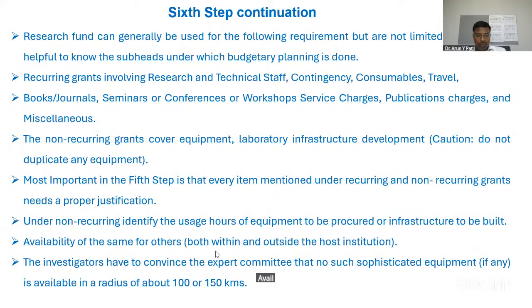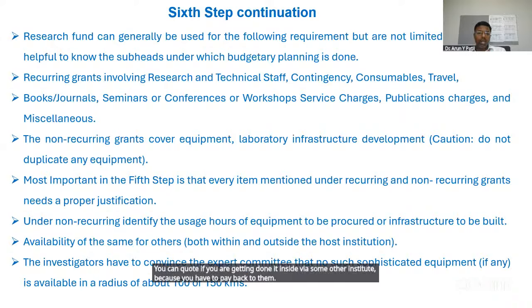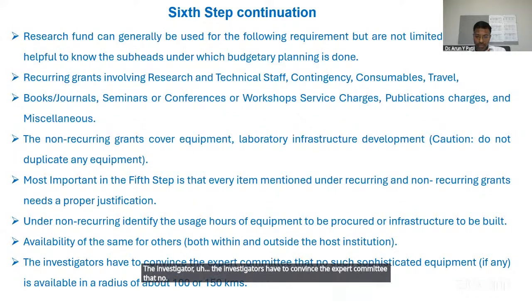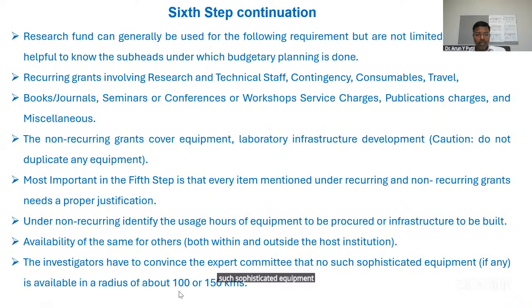Availability of the same for others, both within or outside the host institution. You can quote if you are getting it done inside by some other institute because you have to pay back to them, or else to another outside institute, you can pay back to them as well. The investigators have to convince the expert committee that no such sophisticated equipment is available in a radius of about 100 to 150 kilometers.